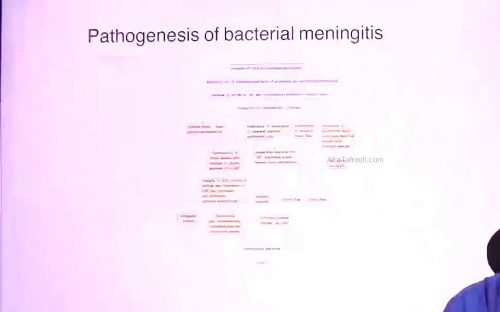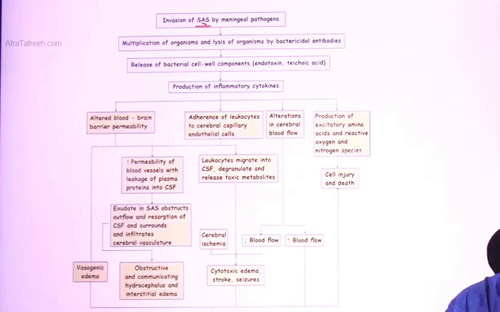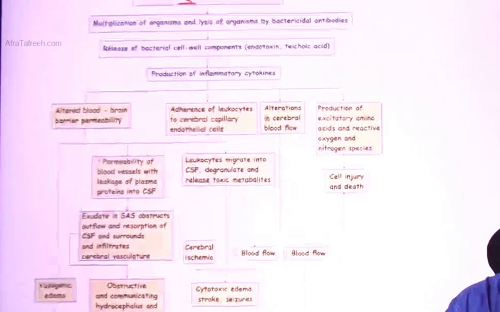Now this is the table from Harrison in which they have mentioned how these organisms do various things in causing meningitis. First, there is an invasion of the SAS, the subarachnoid space, by the meningeal pathogens.